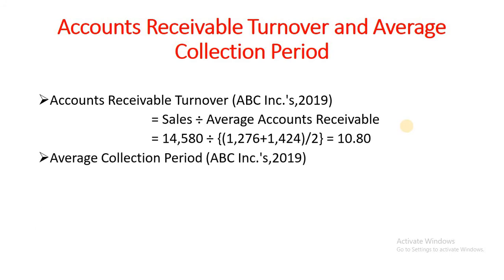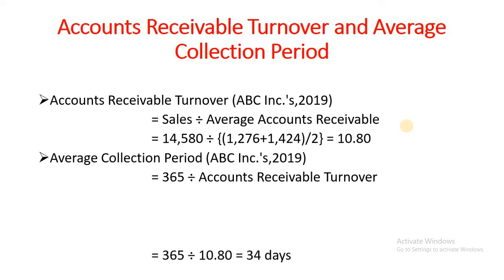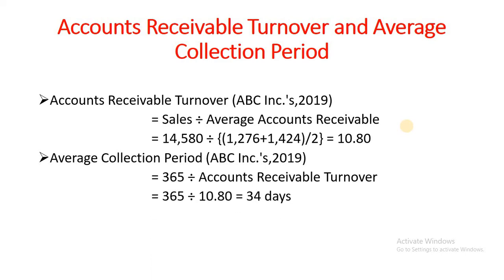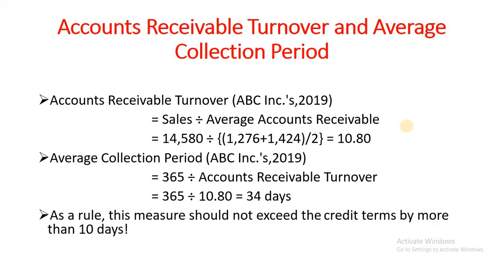Now, with the help of account receivable turnover, we will convert it into average collection period. We know that average collection period is equal to 365 divided by account receivable turnover. Based on this formula, the average collection period of ABC Corporation is 34 days. It means ABC Corporation on average takes 34 days to collect its account receivable.